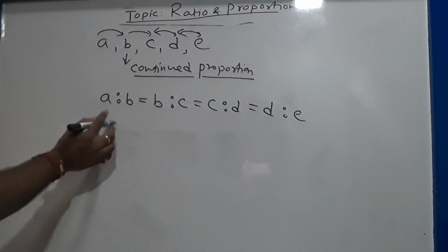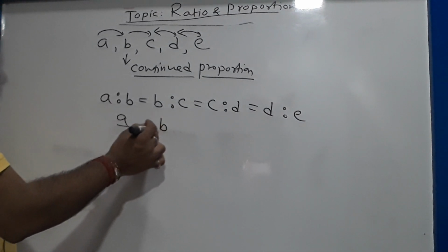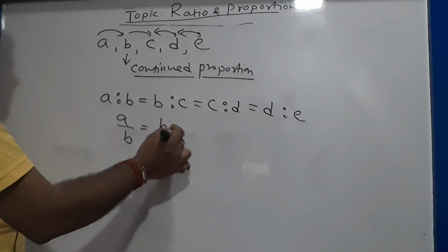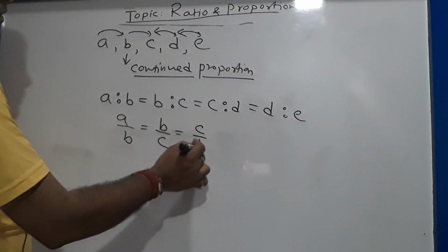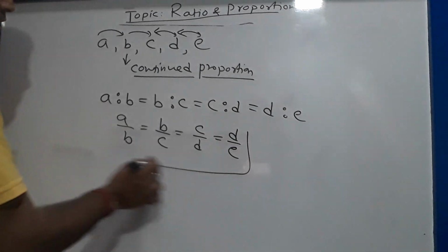Now A ratio B means A upon B, B ratio C means B upon C, C ratio D means C upon D, D ratio E means D upon E. So this condition holds true.